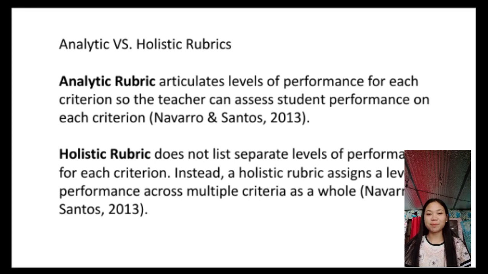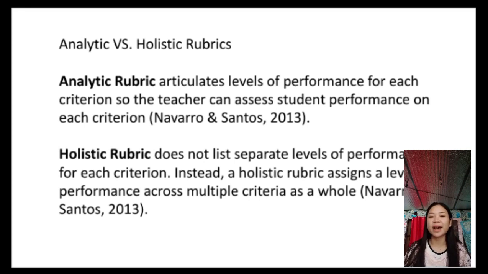There are two types of rubrics: the analytic and holistic rubrics. Analytic and holistic rubrics are two different approaches to assessing student performance, each with its own advantages and application.